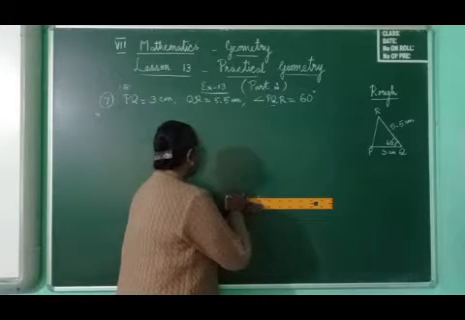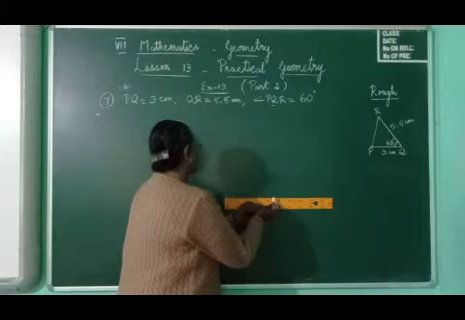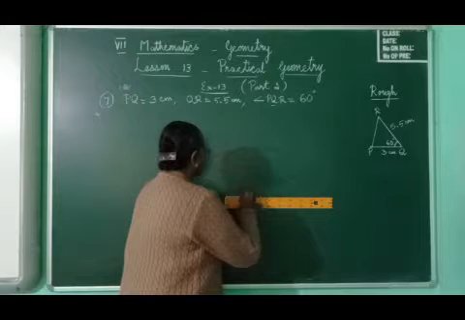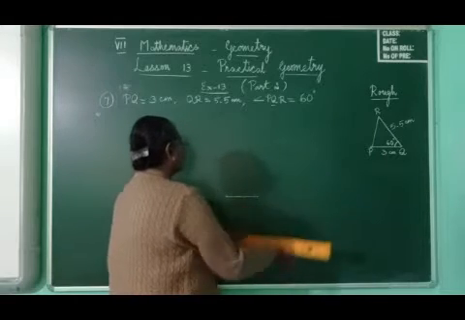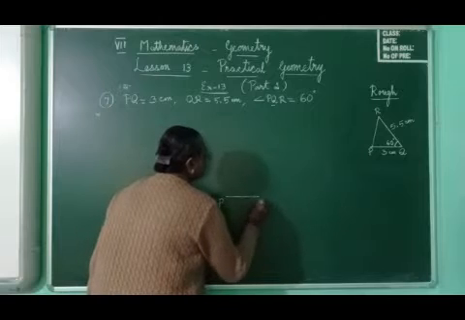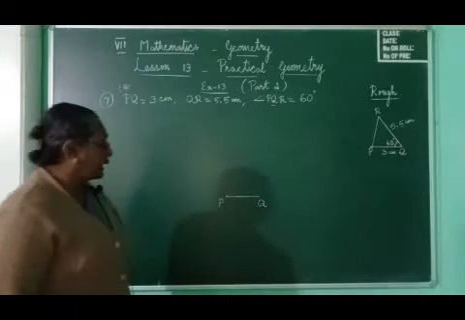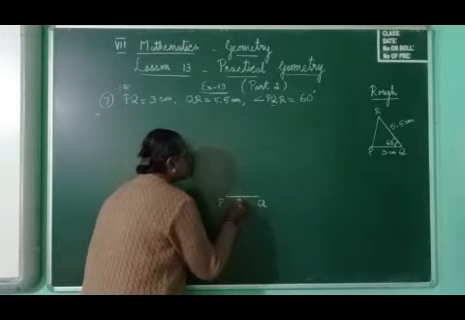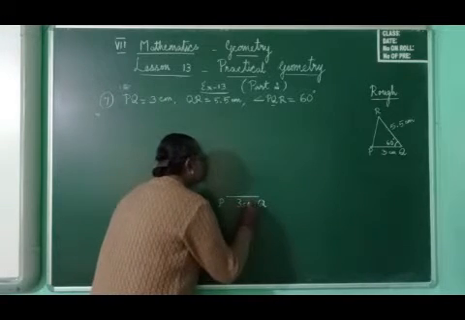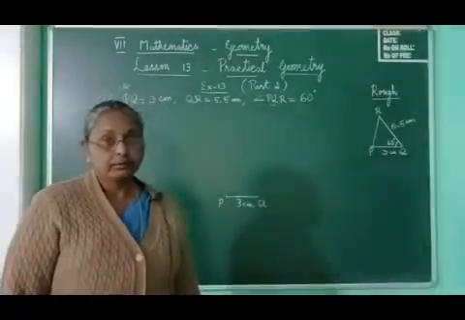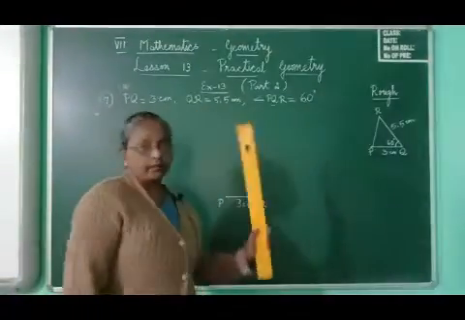Then we will join these 2 points, and you will get the line segment PQ. After drawing line segment PQ, we cannot straight away construct QR. We do not know where QR will come.